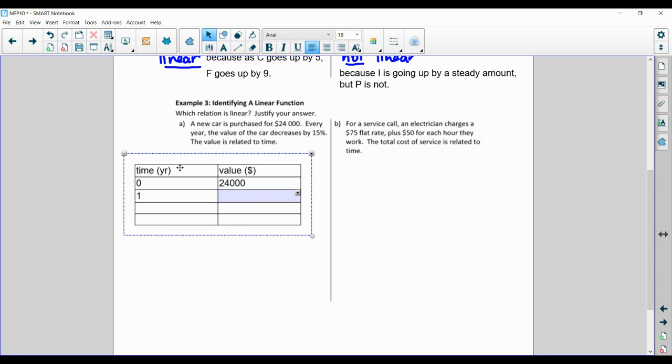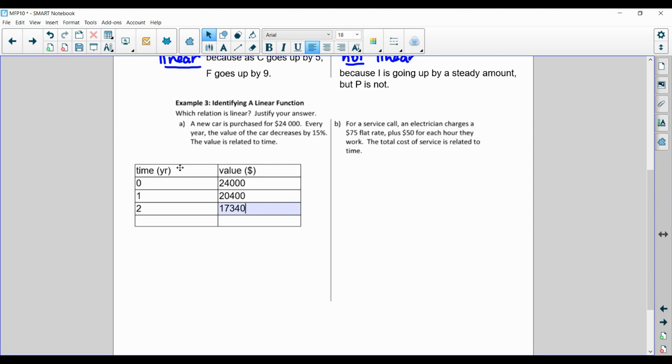So 0.85 times 24,000 is 20,400. After 2 years, we have to take that 20,400 and multiply by 0.85 again to get the remaining value. And it's at 17,340. And then after 3 years, it would be at $14,739. So you can already see that this is not the same value that it's going down by each time.